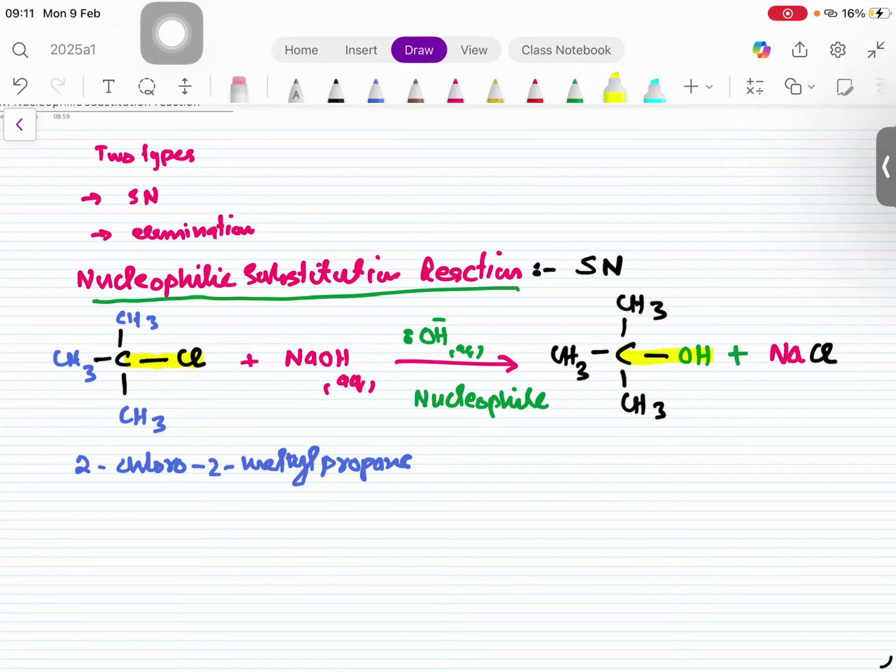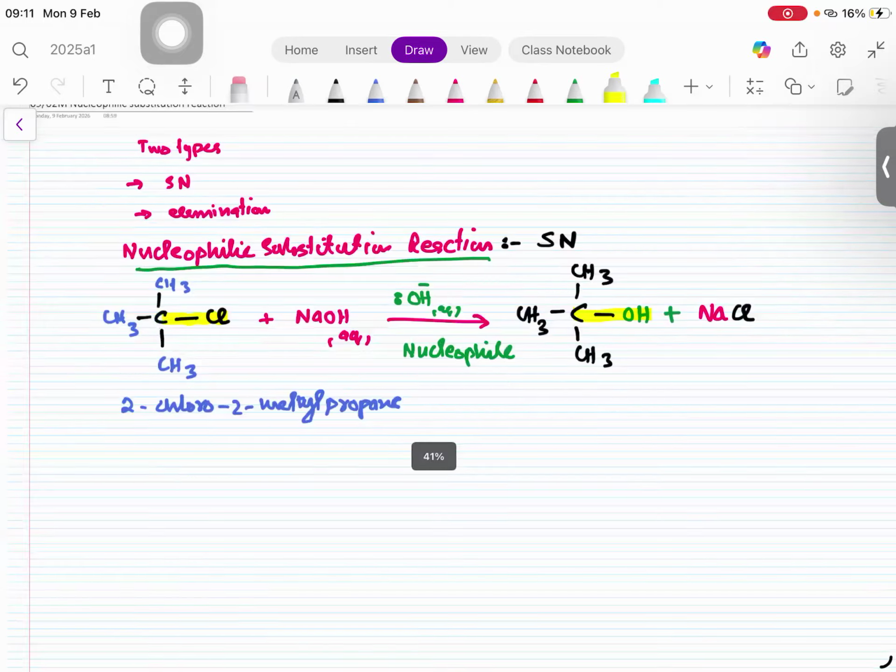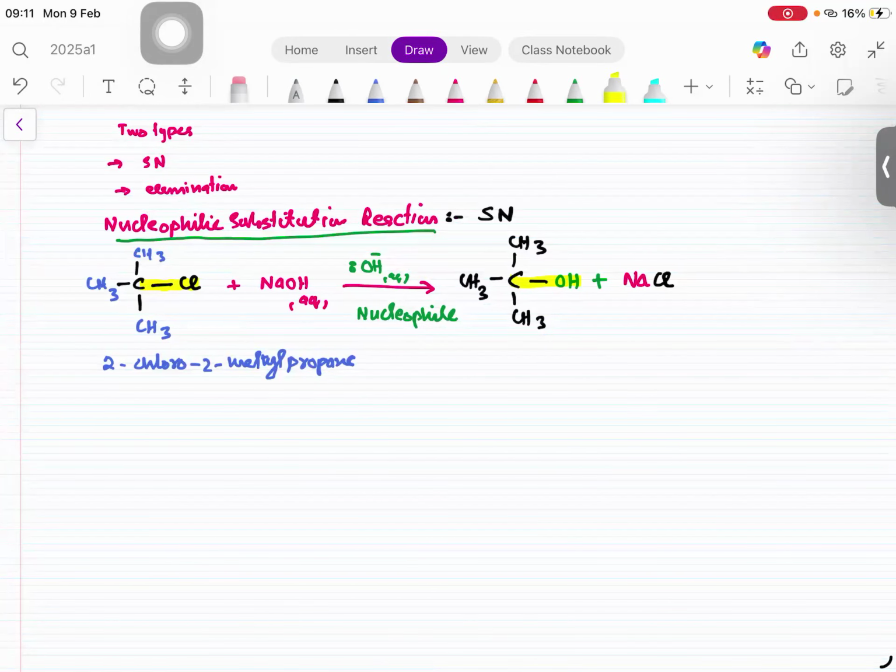But how the C-Cl bond was broken and how the C-OH bond was formed, all those details are present in the mechanism. This reaction's mechanism is two-step.